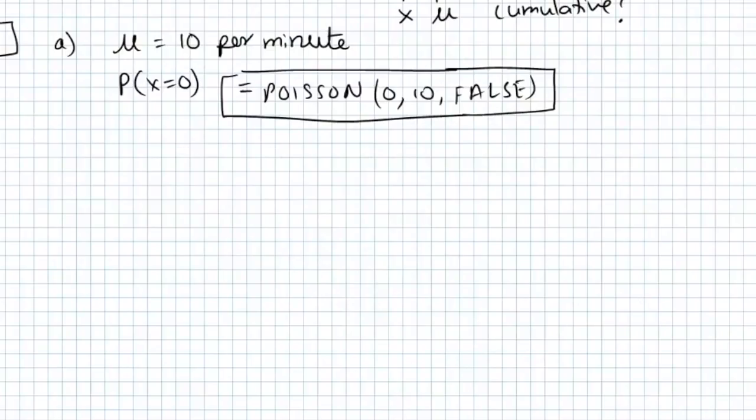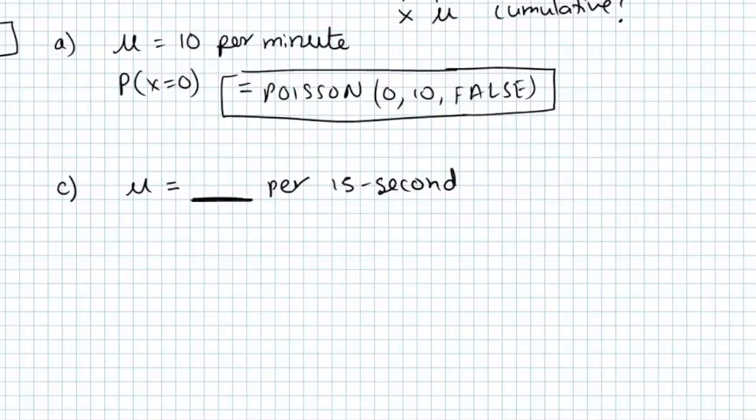That's where you have to be careful. Your mu should be in terms of per 15 seconds. So obviously this number will be different now. It cannot be 10. So if 10 passengers arrive per minute or per 60 seconds, then obviously in 15 seconds you'll have 1/4 of that. 10 divided by 4, so you should use 2.5 and not 10.